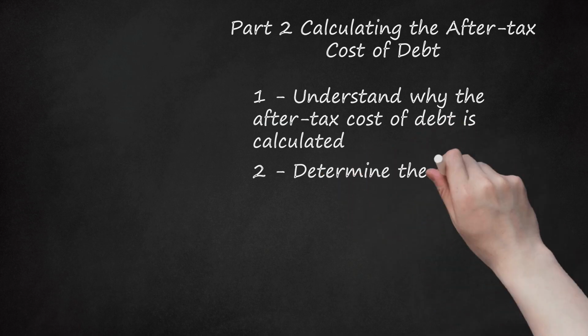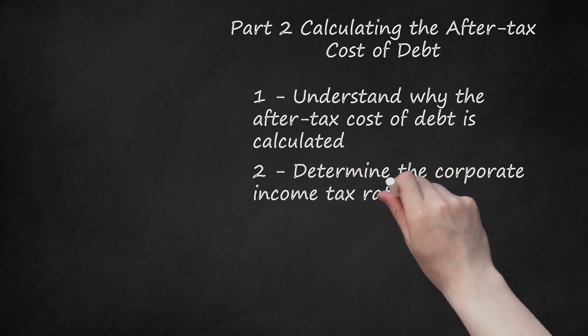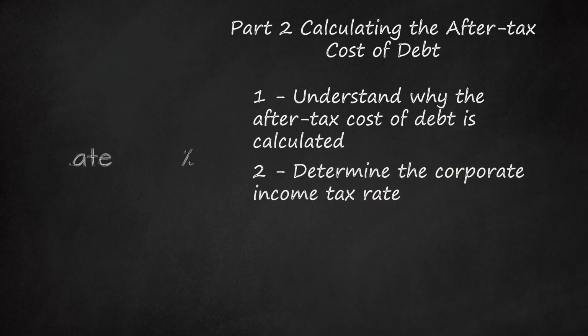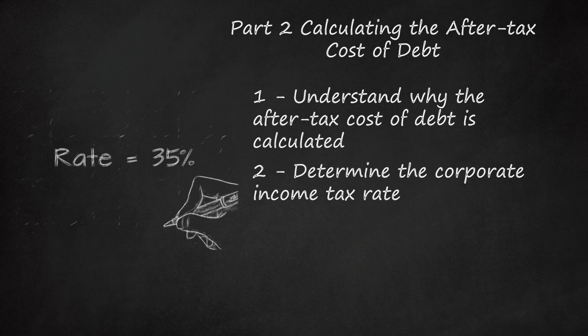2. Determine the corporate income tax rate. The federal government levies a graduated corporate income tax rate. The rate a company pays is based on its taxable income. Between 2005 and 2015, businesses in the United States paid between 15% and 38% of their income in taxes.